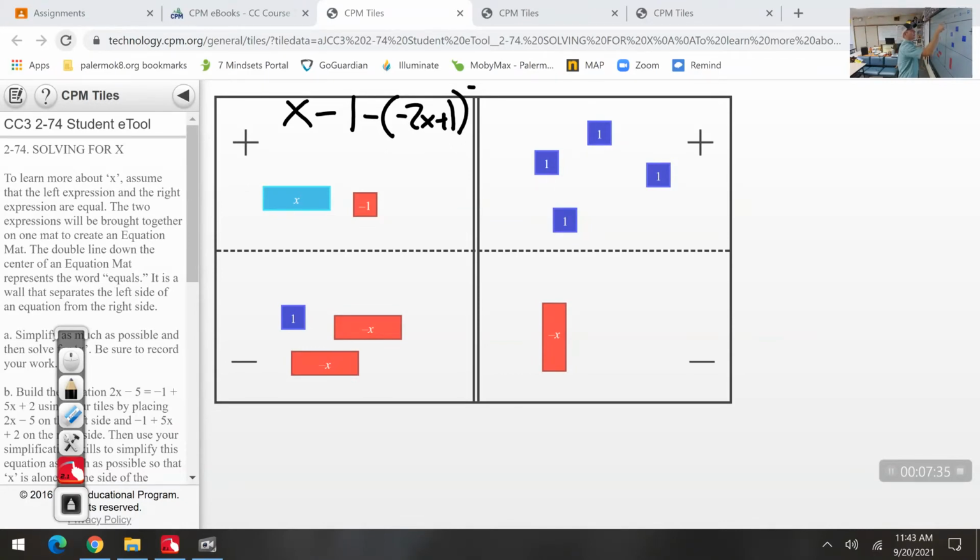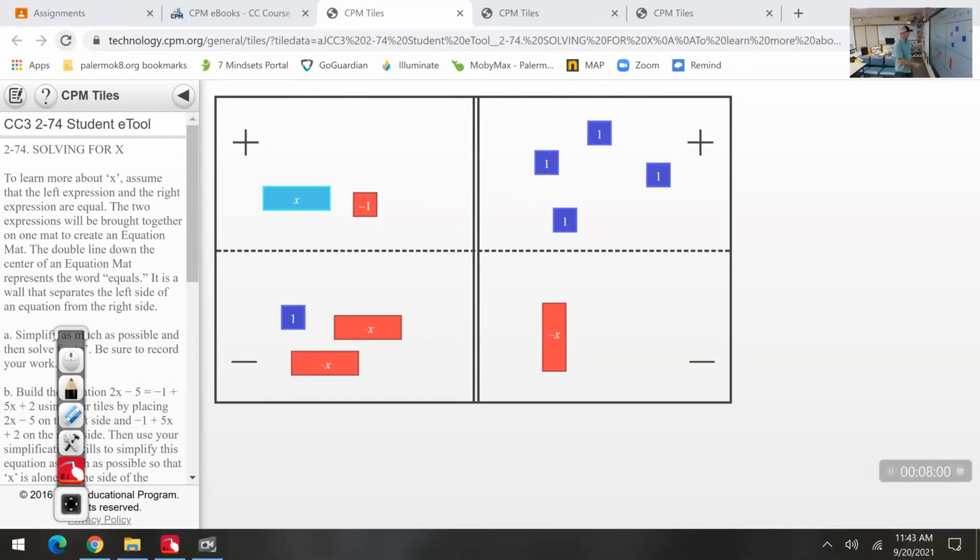Notice double equal line. That's the equal sign. 4 minus parentheses negative x. Do you remember what the explanation was? What was that legal move? That's right. It was a 0 pair. I always like to start with a 0 pair because that's the tool that we use.